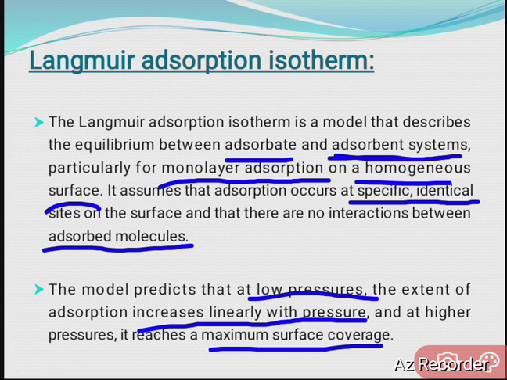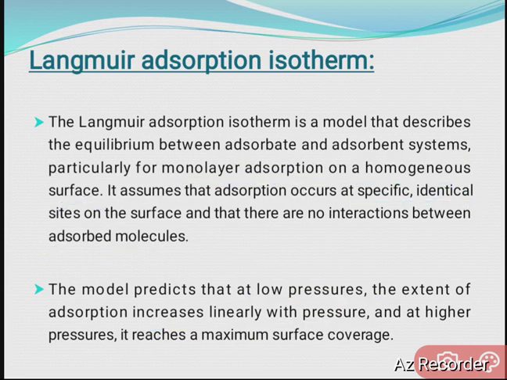The adsorption increases linearly with the pressure. As the pressure increases, the adsorption also increases, and ultimately at a particular value of pressure, the adsorption reaches a maximum value. Okay, this is regarding the Langmuir adsorption isotherm.